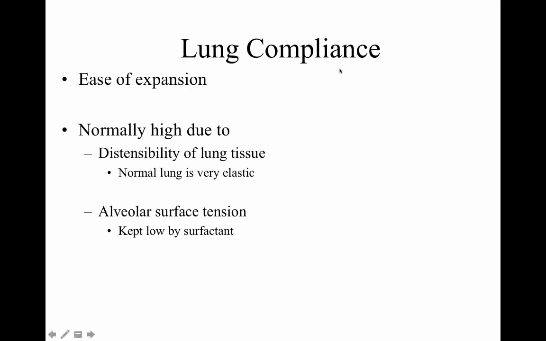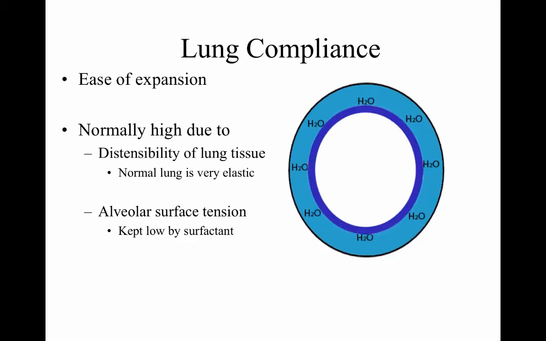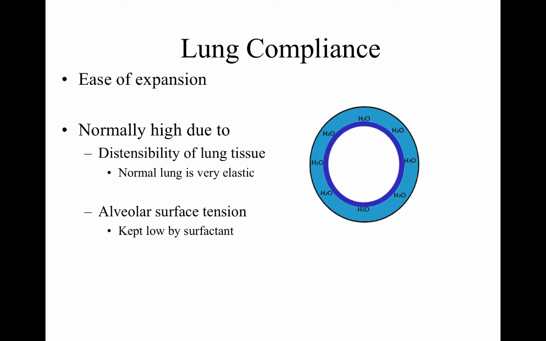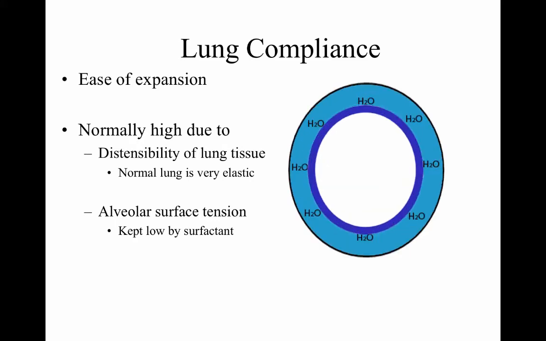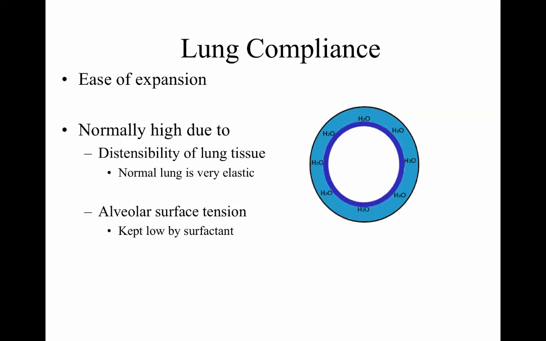So lung compliance, or the ease with which the lungs can expand and contract, is accommodated by the types of tissues that are at play and the components that they release, like surfactant. Here, as we see the distensibility of the lung tissue and the surfactant resisting collapse, we can see how that allows us to have normal inhalation and exhalation.